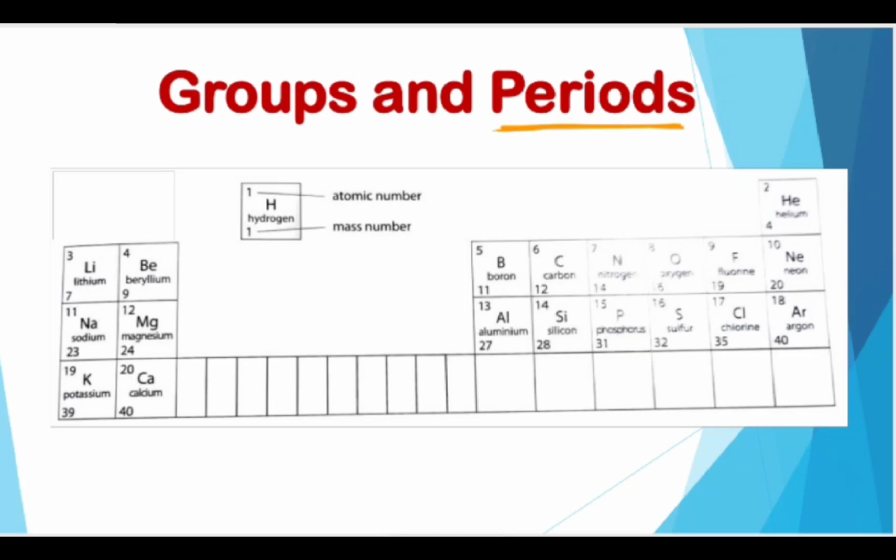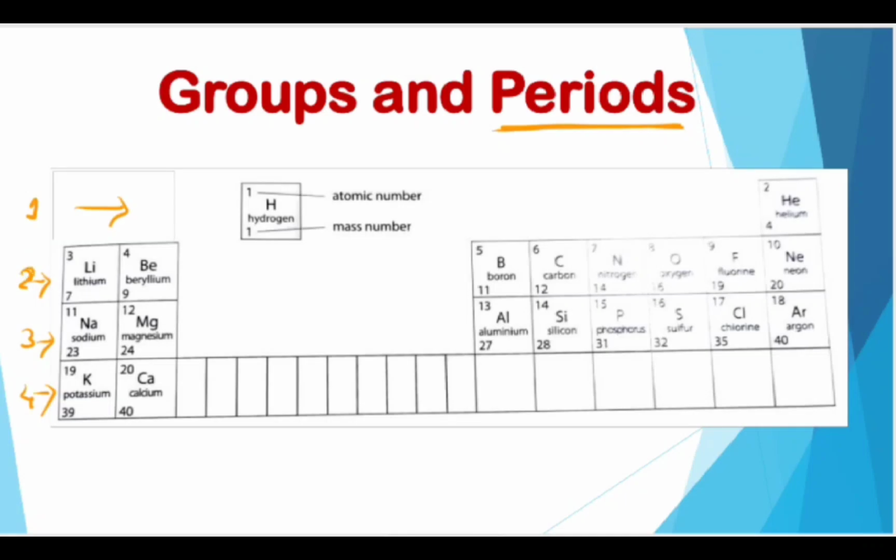Periods basically signify the number of shells in an atom. So this is period 1, this is period 2, period 3, period 4, and so on. They are around 7 to 8.